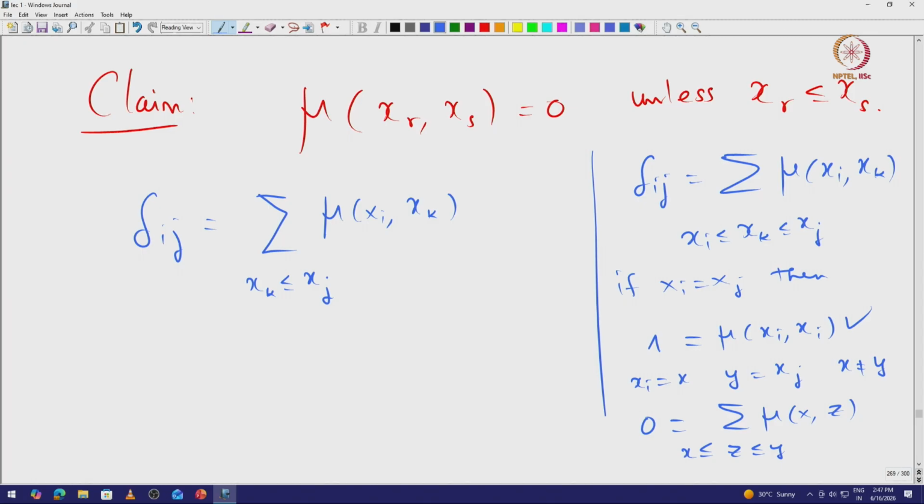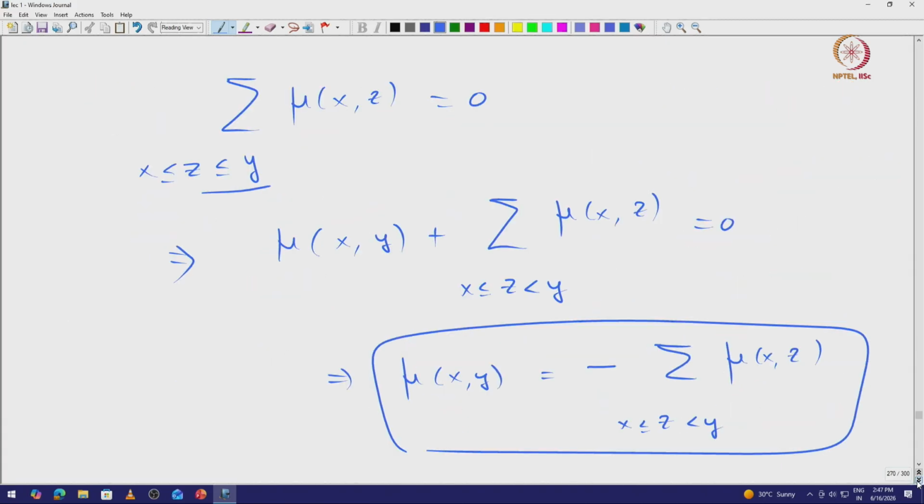Now what we can do is again separate x k equal to x j and x k not equal to x j. That gives delta i j equal to mu of x i x j plus the summation of mu of x i x k, where x k is strictly less than x j. Now we just use induction on j.